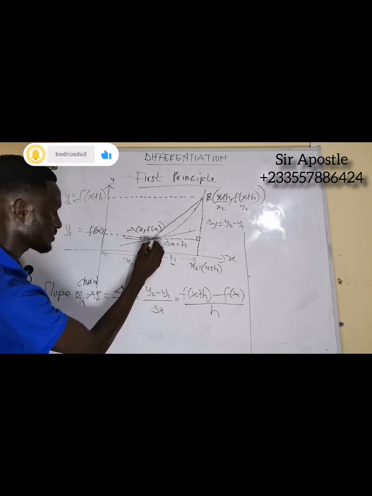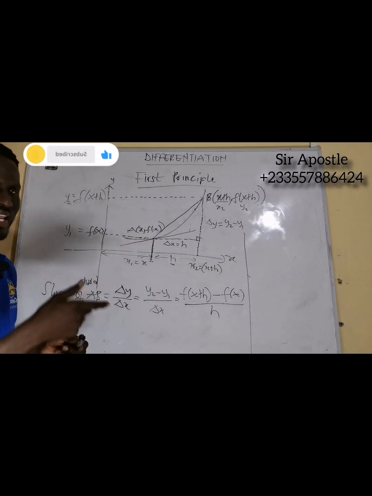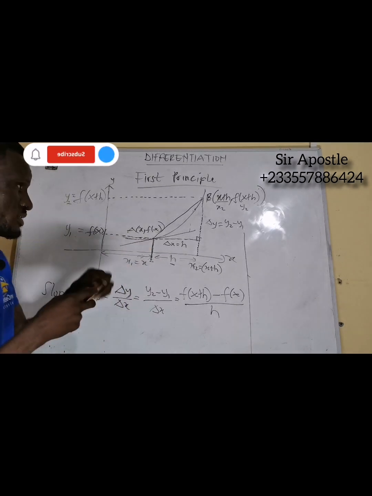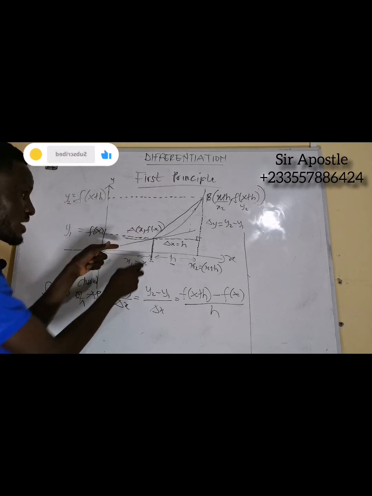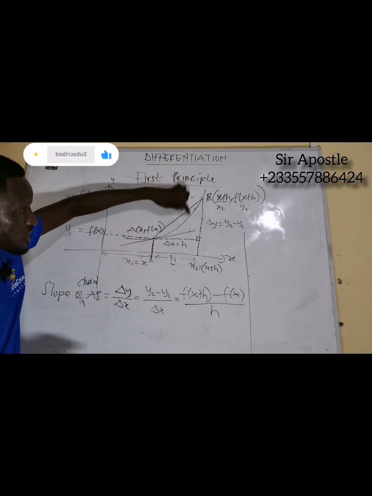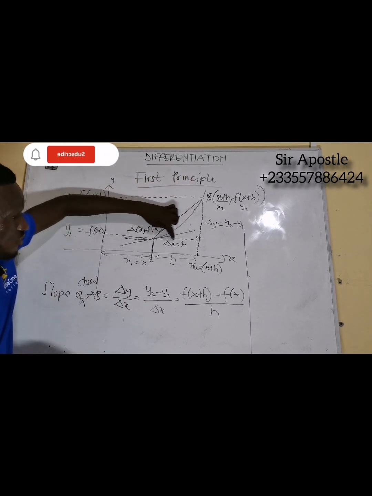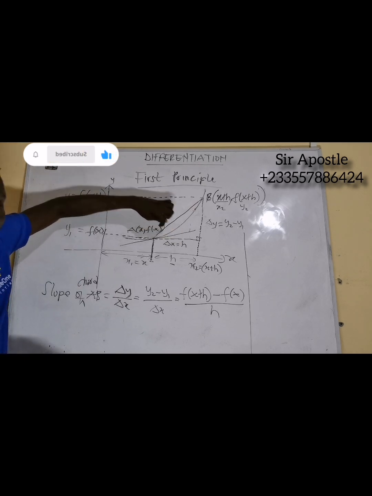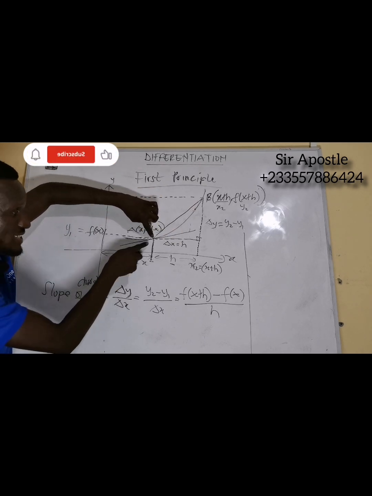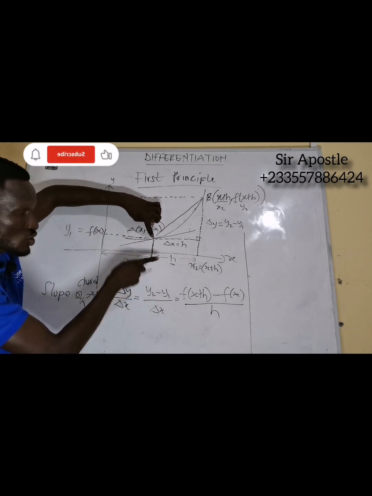So at x, h will be 0. Since we don't want h to be 0, and we are looking for the gradient at the point A, we have to talk about a situation where the line will be approaching here, and here is 0. So as this straight line moves from here to here, the value of h will be approaching 0, because when h gets to x, it will be exactly 0.